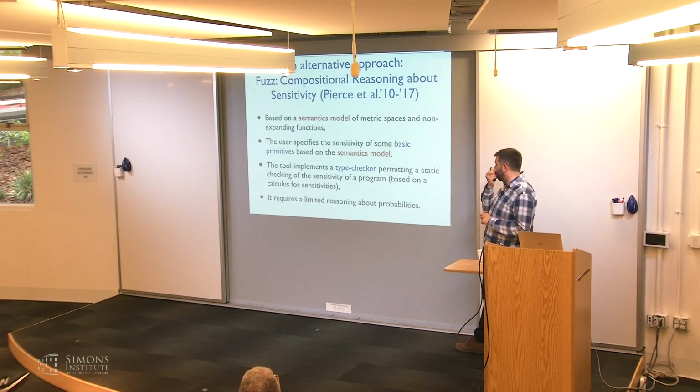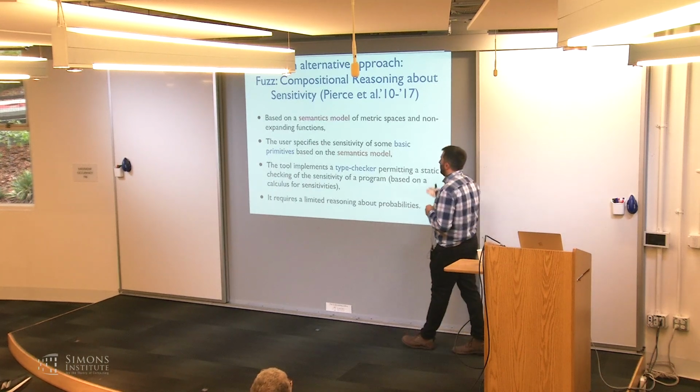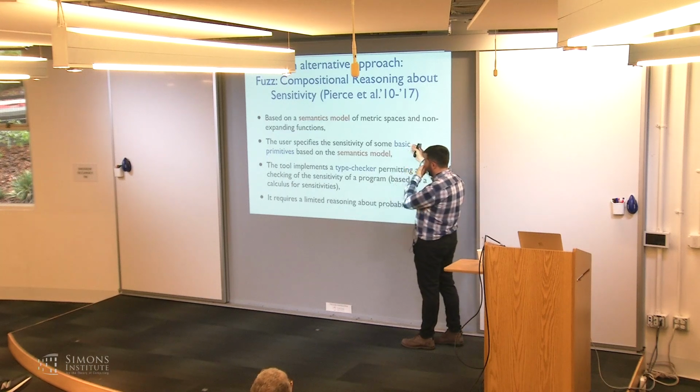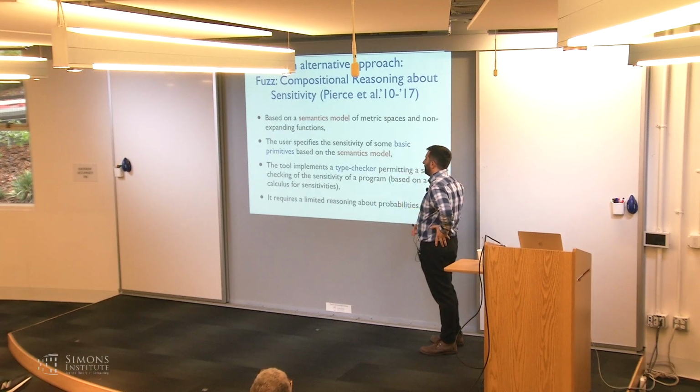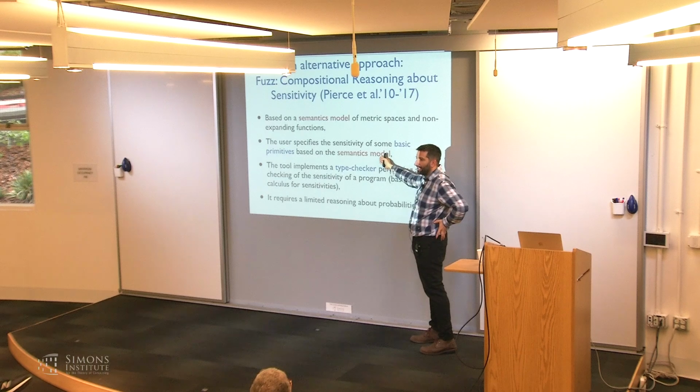But with the idea of having a model where we can reason really about sensitivity, and we can say this function, this program, has this sensitivity. And again, it relies a bit on the specification of the user on some basic primitives, but this specification now is supported by a mathematical model that guarantees that it is correct.